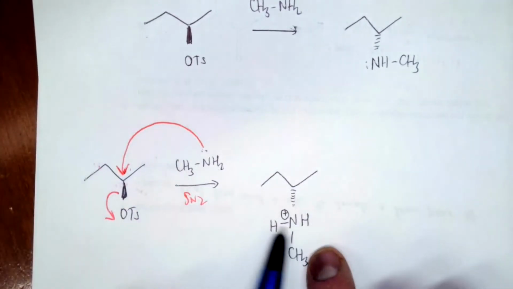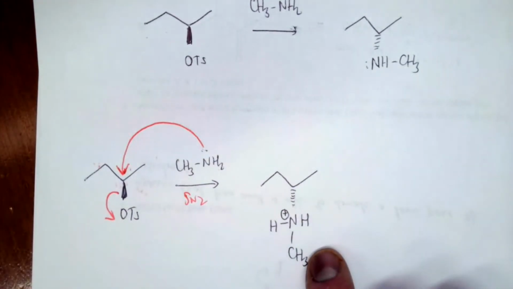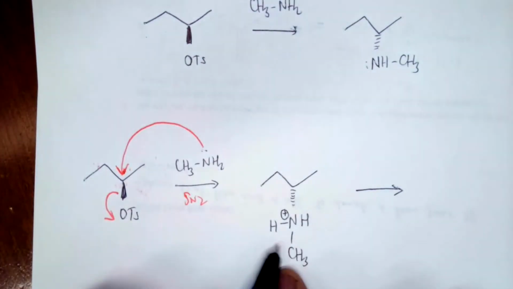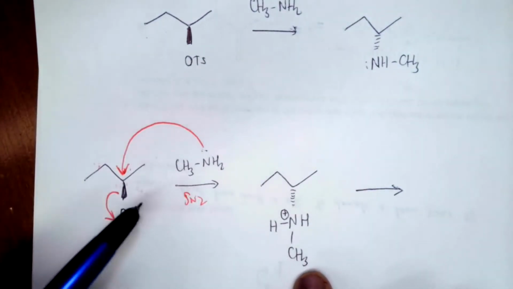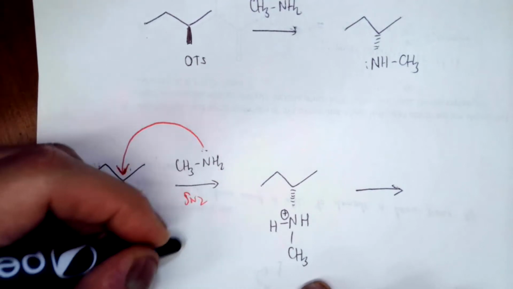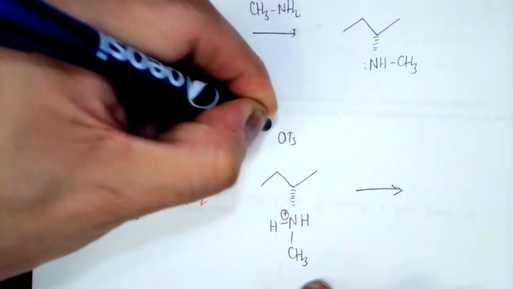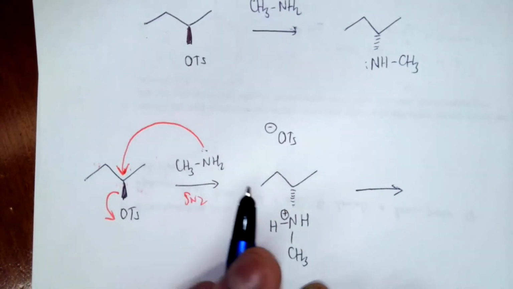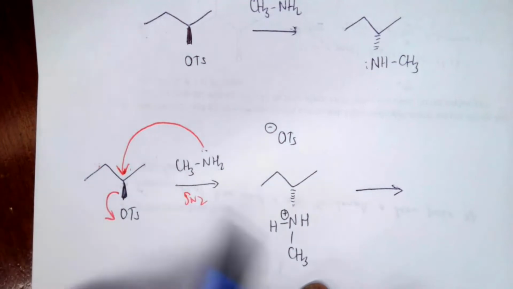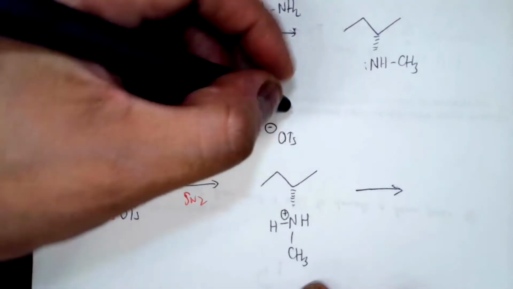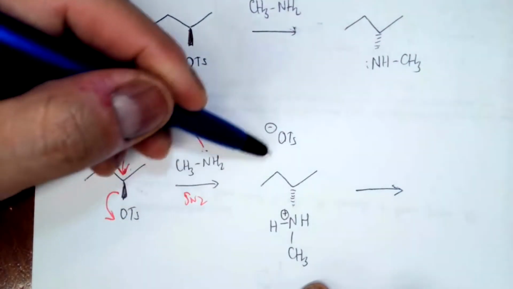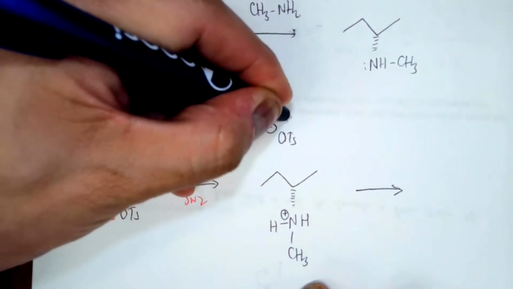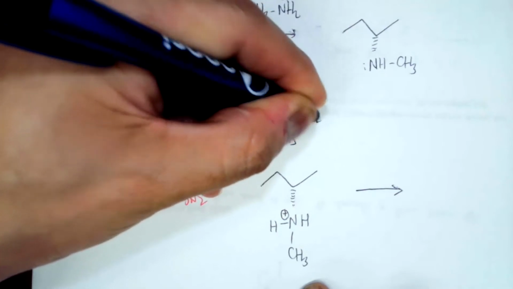So how can I get rid of that hydrogen? With a proton transfer. I need a base to remove that hydrogen. Who can help me? Well, what do you have in the medium? You have OTs minus, because OTs minus left. So that one can help you. But you always have to choose the best base. Who is my best base? Either the OTs, which is the leaving group, but you can also use excess of the reactant, CH3NH2.